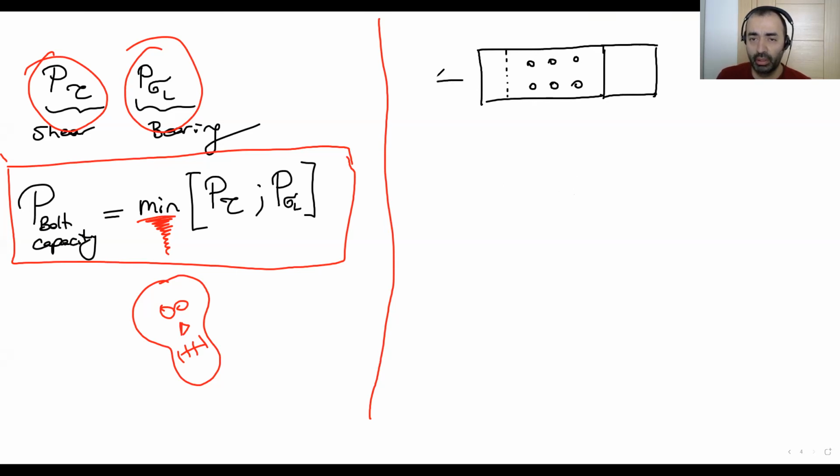This is the plan view. We apply force in this direction.